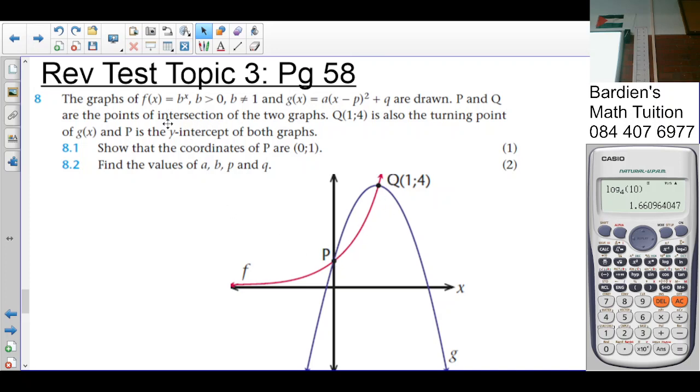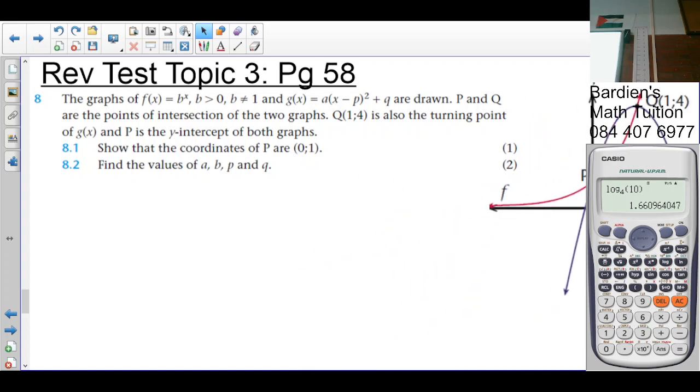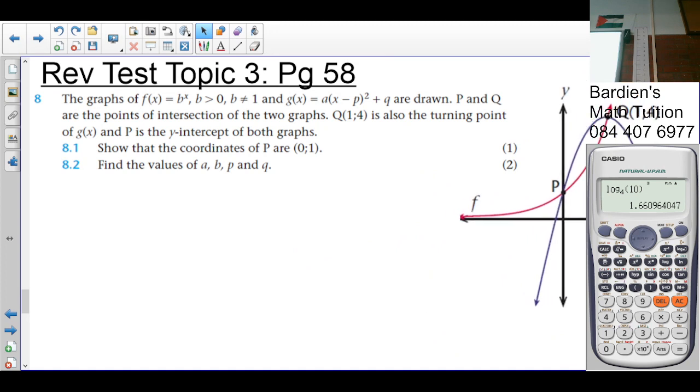Of the two graphs, Q, which is (1, 4), is also the turning point of g of x, and P is the y-intercept of both graphs, a common y-intercept. Show that P is (0, 1). So if you're looking at P, okay, I'm going to put it here. Take the calculator away.